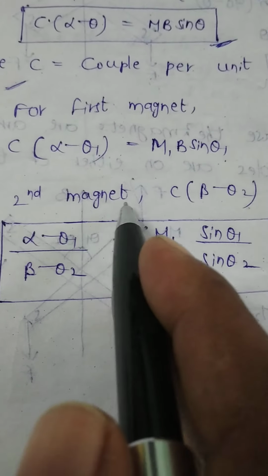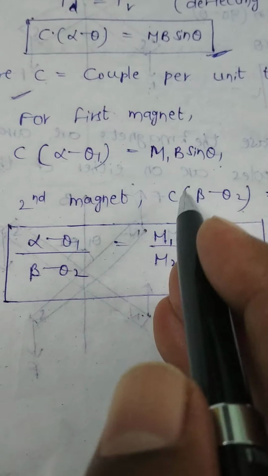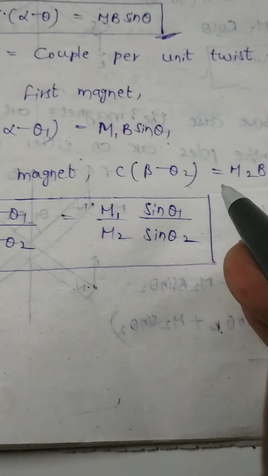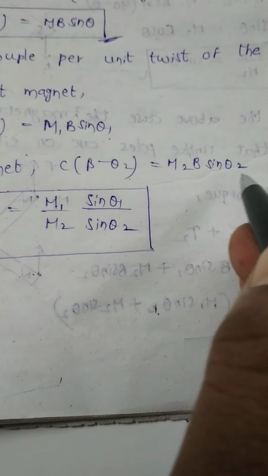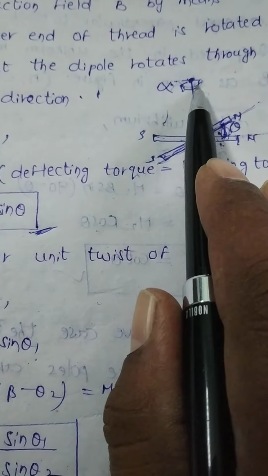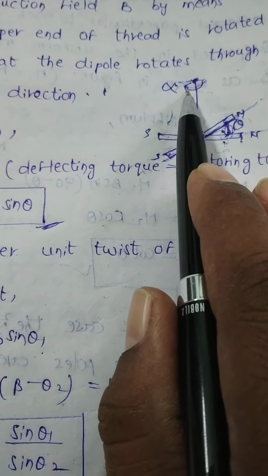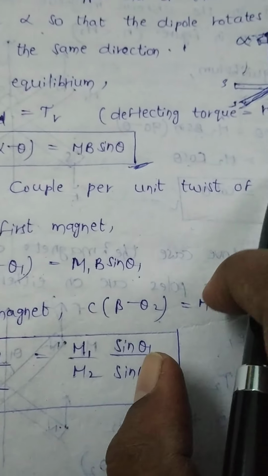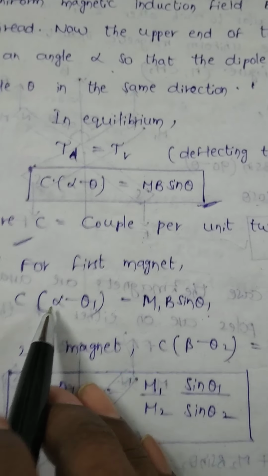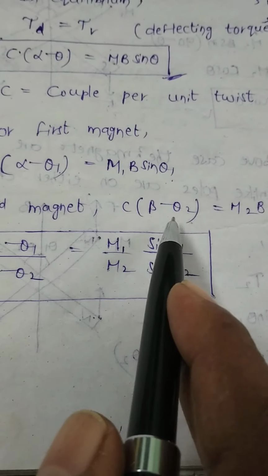Again, for the second magnet of moment M2, for the same wire, C into beta minus theta 2 is equal to M2 B sin theta 2. In the second case, the upper end of the wire is rotated by an angle beta. In the first case, the upper end of the wire is rotated by an angle alpha.